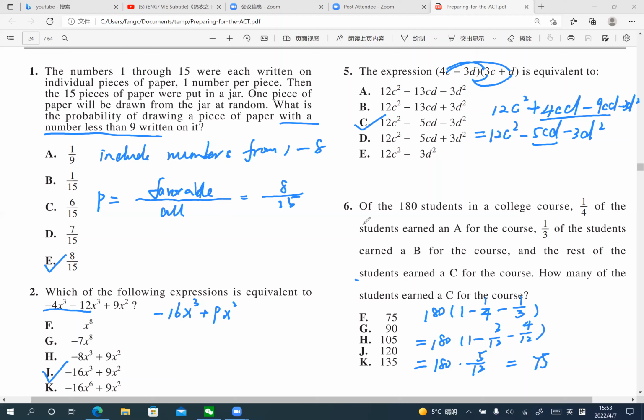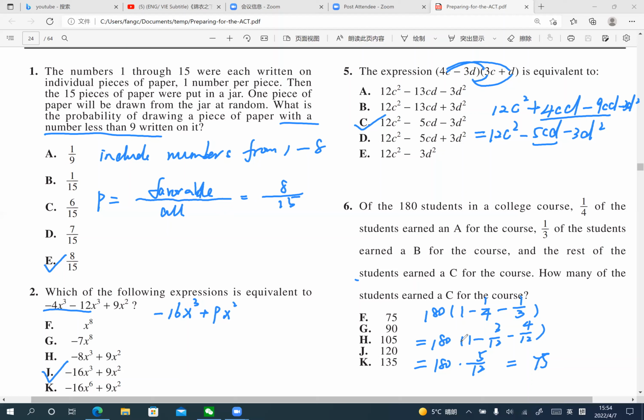From the given information, we know 1/4 earned A, 1/3 earned B. So the fraction of students who earned a C is 1 minus 1/4 minus 1/3. Then multiply by 180, and we can find the number of students who earned a C for the course.